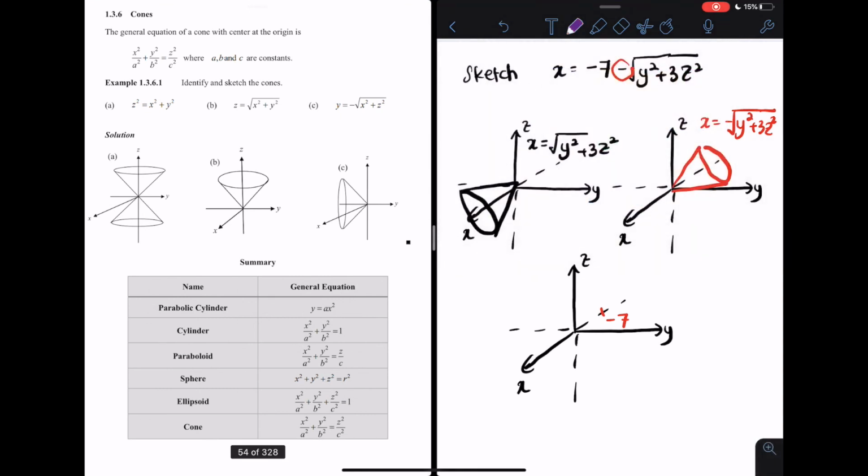So I'll use another color. So this is how you find x is equal to -7 z y squared plus 3z squared.